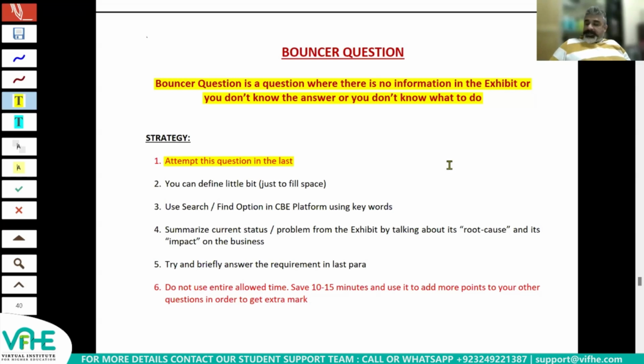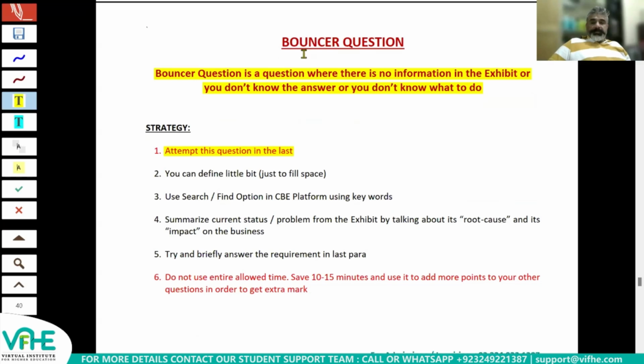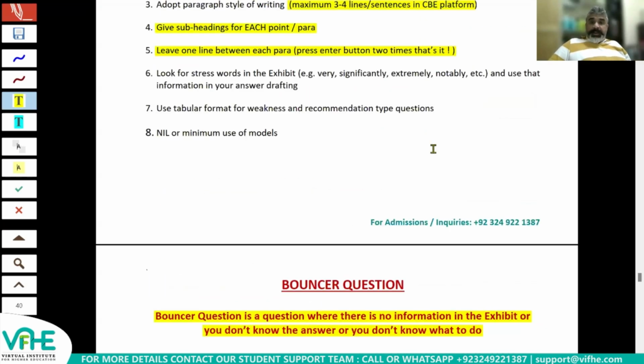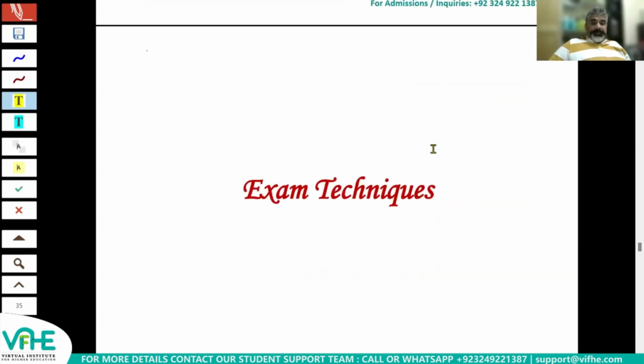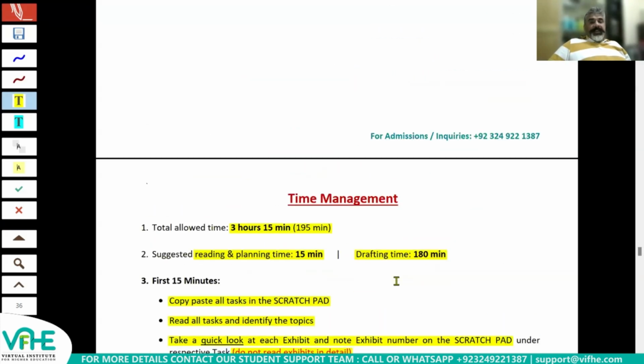Any questions? So we did a very important section right now, which is exam techniques. The first technique is time management.